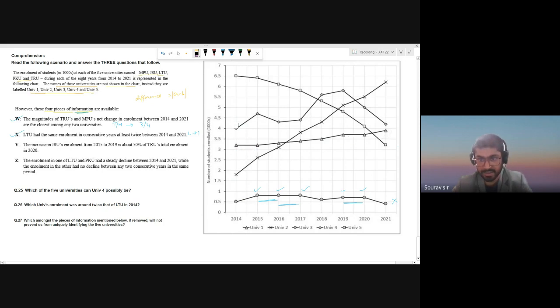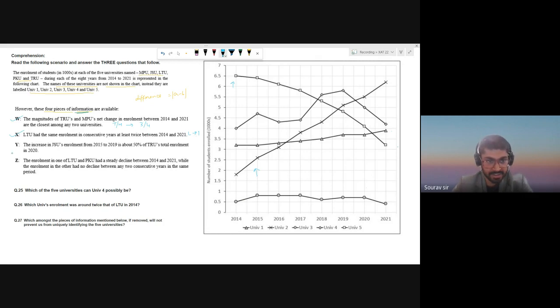Now we will look at statement Y. Let me remove the markings now. So statement Y says that the increase in JSU's enrollment from 2015 to 19. Now, since 3, 4, and 1 are taken, we can talk about 2 or 5. University 2 is this one, and university 5 is the square one. The others are decided, right? 3, 4, either 3 or 4 or 1.